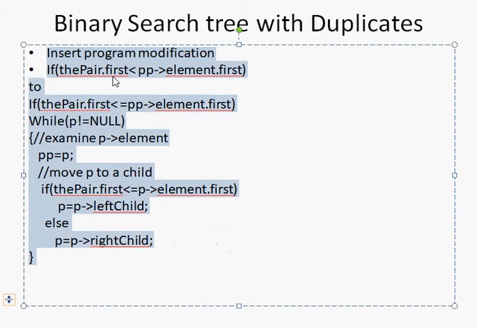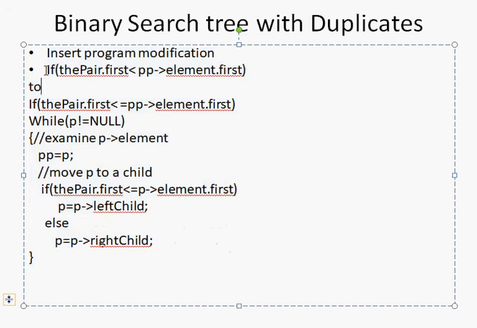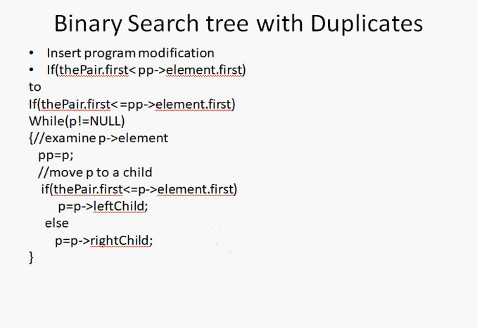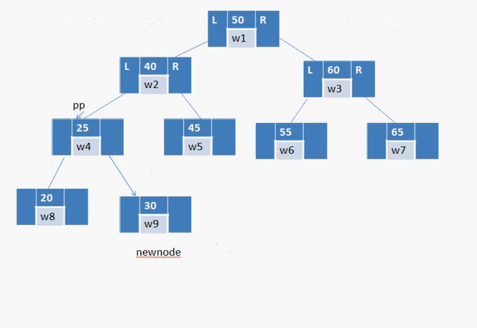When we talk about a binary search tree with duplicates, just replace this one line with this set of code, and see how it behaves for different insert calls. You can consider one simple example of inserting a key value.